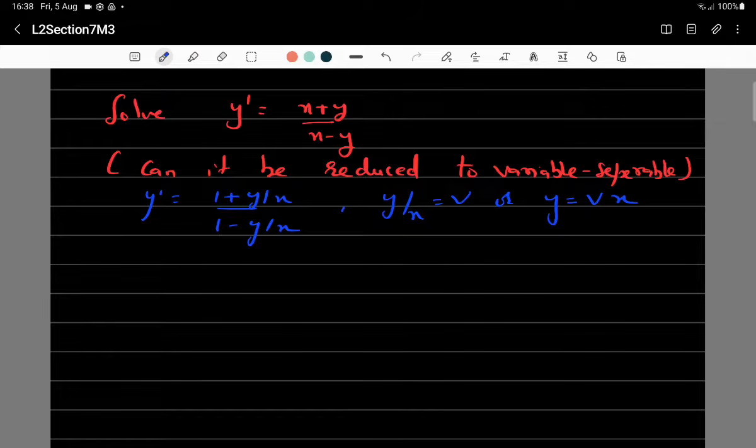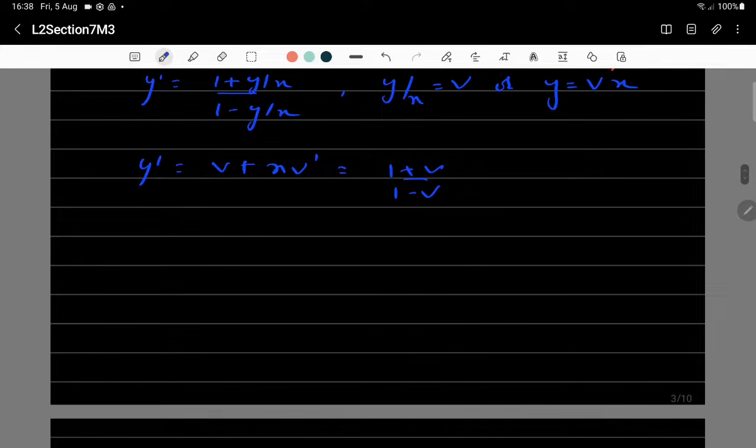Therefore y = vx, which means y' = v + x v', which is equal to (1 + v)/(1 - v). So I can solve it further and this gives me x v' = (1 + v)/(1 - v) - v, which is (1 + v²)/(1 - v).